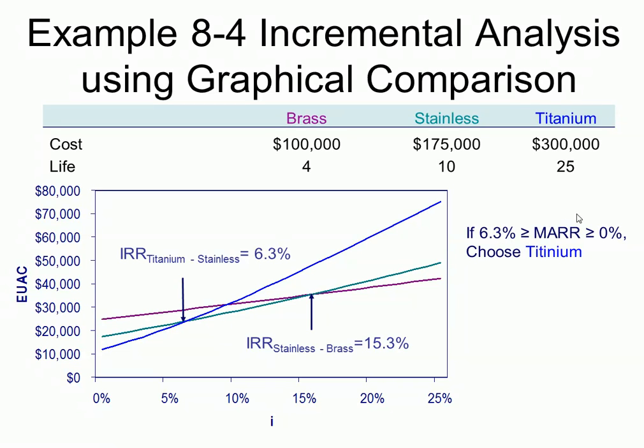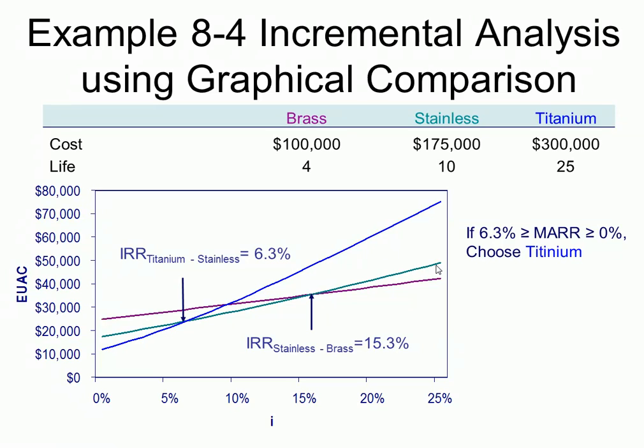So that's what this rule says. So this rule says if the minimum attractive rate of return, which is always more than 0%, is less than the 6.3% incremental rate between titanium and stainless, we're choosing the higher initial cost alternative of titanium.